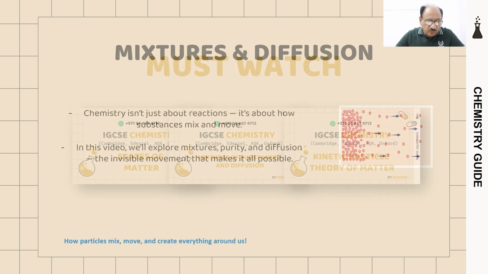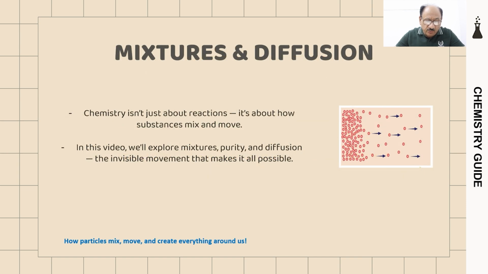Let us move on to mixture and diffusion. A mixture is what? When we are mixing together two or more substances in any ratio. And diffusion is what? Mixing of two or more substances. Chemistry is not just about reactions, it's about how substances mix and move also.